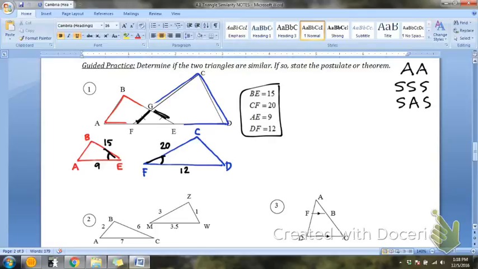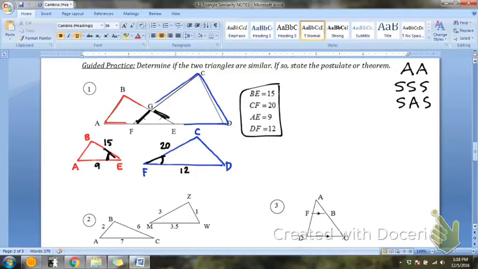Okay, so if we're trying to figure out side, angle, side, first of all, is the angle that's in between congruent? The included angle, the angle that's included in each of them. They're both in between the two sides, right? So it's included. It's in between them. Okay, so that's the first check, to check your angles.